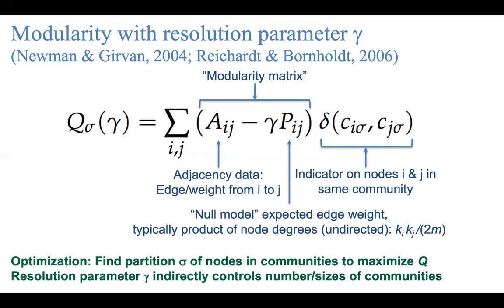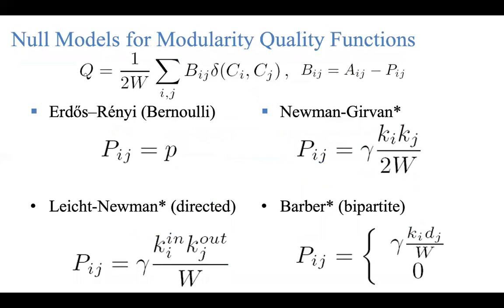And this is going to be the most central piece of our discussion today: exploring the space of possible resolution parameters and deciding what values of the resolution parameter are reasonable for our application, for our data at hand. I do want to mention very quickly that, again, Pij can take a number of different forms.